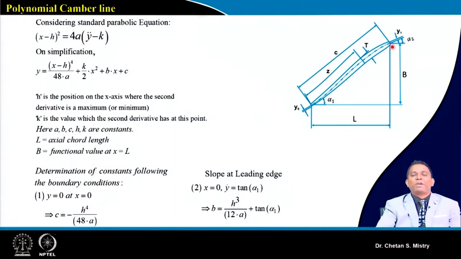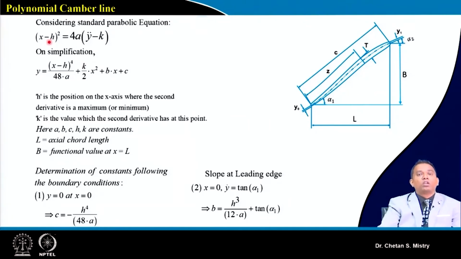Say this is my assumed camber line, which has inflow angle alpha 1, my outlet flow angle alpha 2, this is my chord length C, this is my axial chord, and this is representing B, some kind of location, a function of x equal to L.